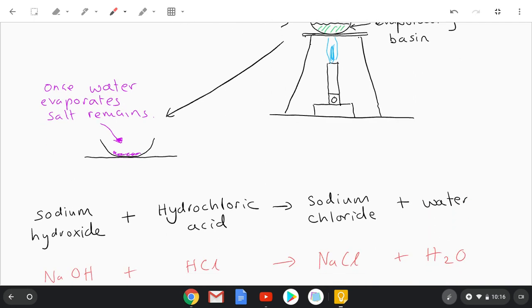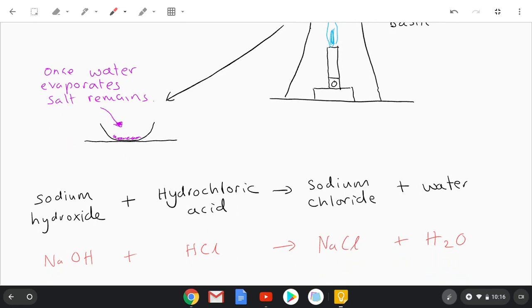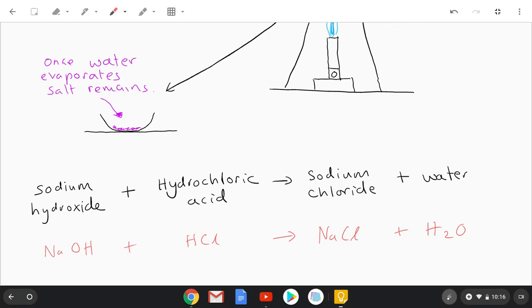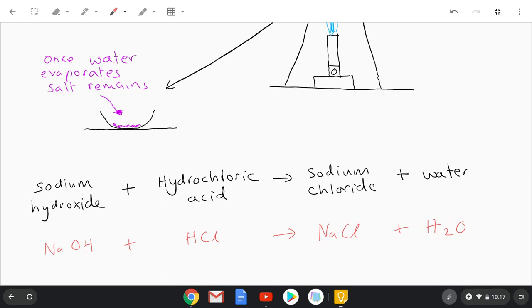Okay, so I asked you to write down this equation last lesson from the video. It's sodium hydroxide adding into hydrochloric acid gives us sodium chloride and water. Okay, as a simple equation it is NaOH plus HCl gives you NaCl plus H2O.